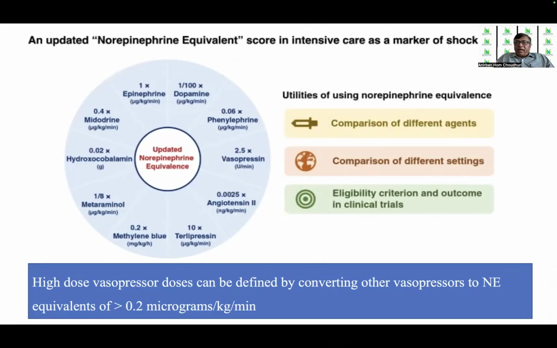Because we know that the range is quite wide from 0.2 to 5. So often we don't consider 0.2 mics as high dose, but in reality, in most of the studies, a dose of more than 0.2 micrograms per kg per minute of norepinephrine equivalent is used as a high dose.